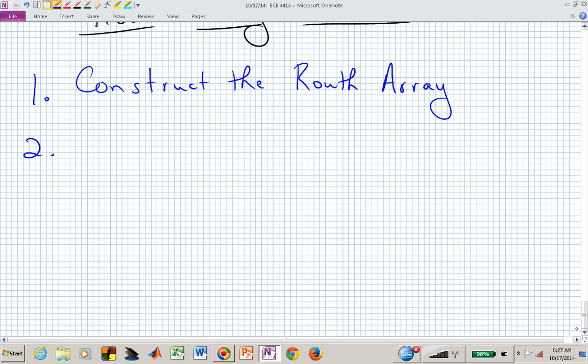Once you've built this array of numbers, you're going to have three different possibilities that you could have discovered in the process of building up or constructing this Routh array.